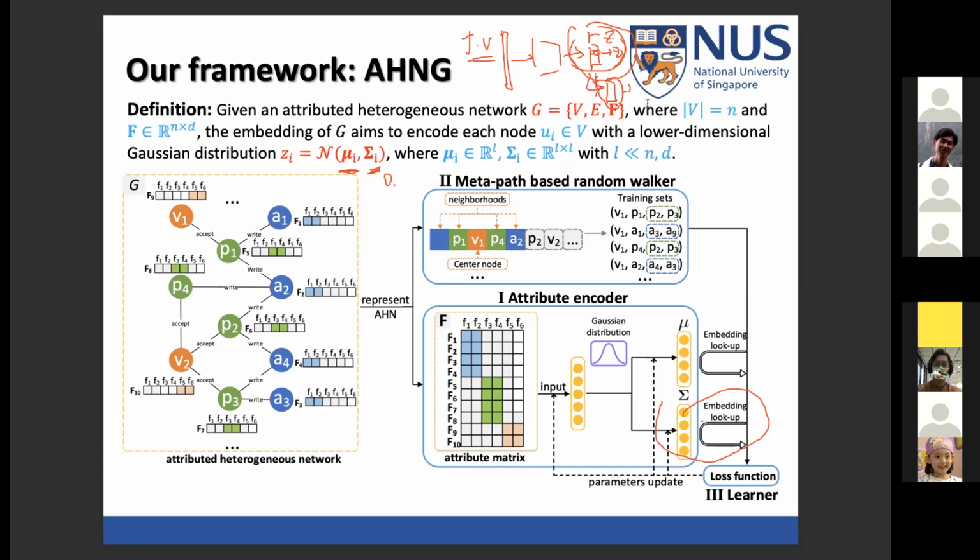Am I right? No, I use sigma. But if I remember correctly, you are saying that you only use mu to pass to the prediction, and the sigma is not used.